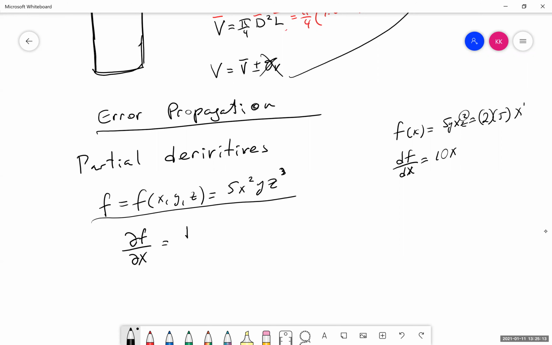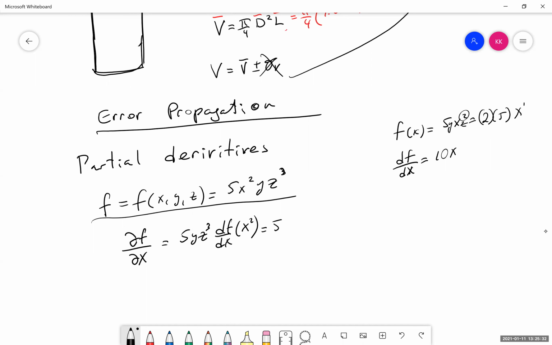That becomes basically the same as taking this as 5y z cubed and then doing a derivative of just x squared. It's pretty much the same thing because everything else is a constant in this case.